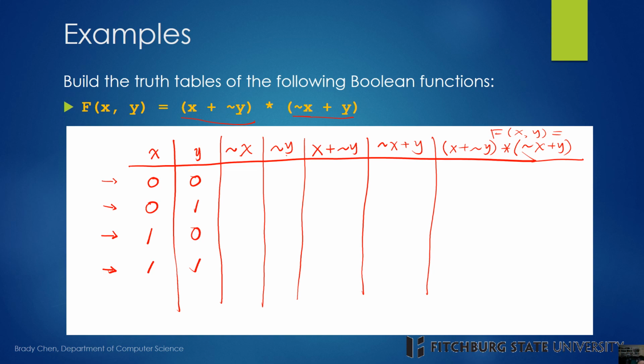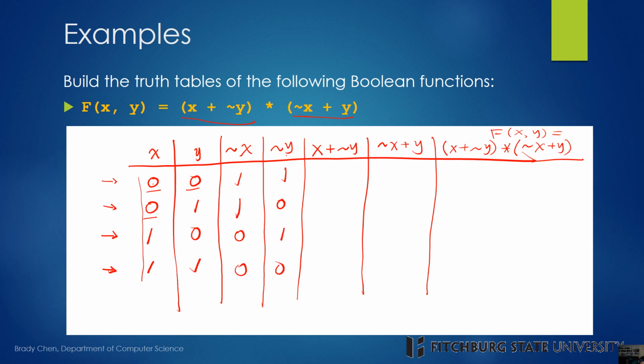So now the tilde x can be built based on the value of x. If x is 0, tilde x is 1. If x is 1, tilde x is 0. So it's 1, 1, 0, 0. Now for y, based on the value of y, 0 becomes 1, 1 becomes 0, 0 becomes 1, 1 becomes 0, right?